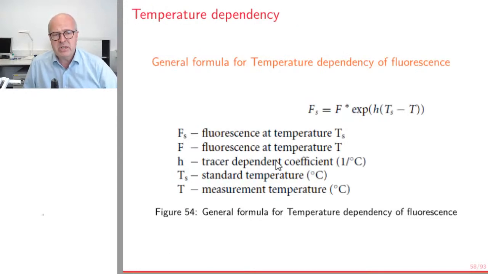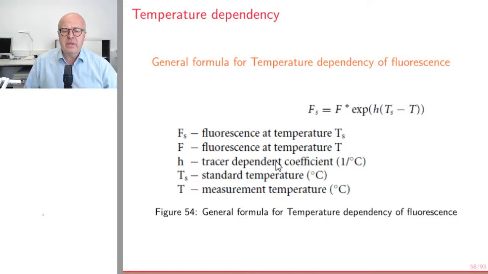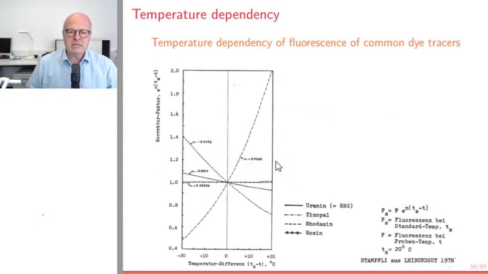Now, temperature dependency, we remember the 10 different cases of what makes a good artificial tracer. Now the next one is temperature dependency. The temperature dependency is expressed by this exponential function, and I can just show you the results.